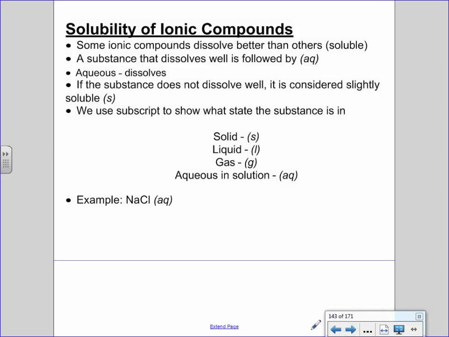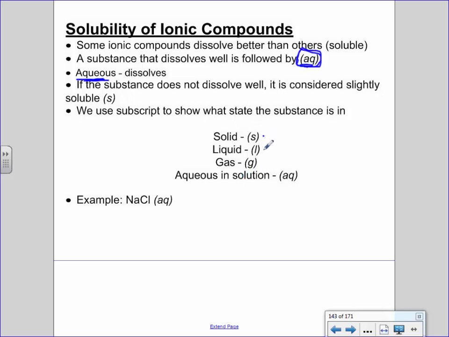Here's a slide that talks about the idea of solubility. I only have this slide in here for one reason. It's this little subscript here, AQ. Has anybody ever seen that one before? Okay, you will as we go along. This little AQ stands for the word aqueous. It means that it dissolved in water. There's actually 4 states I need you guys to know.